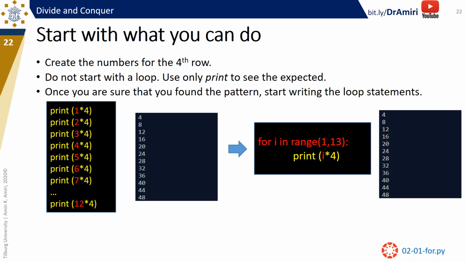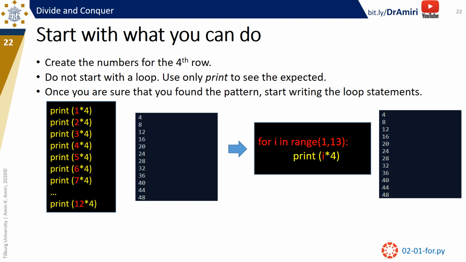I start with what I can do, as I said. I create the numbers for the fourth row in the way that I know. In exercise 0 of this lecture, we already learned how to print from 4 to 48. As I said again, please do not start with a loop.